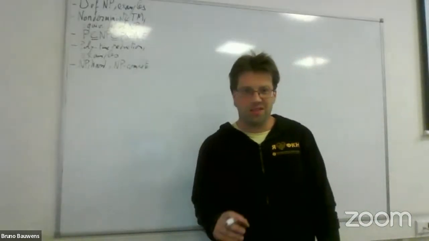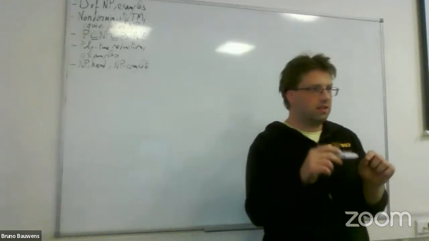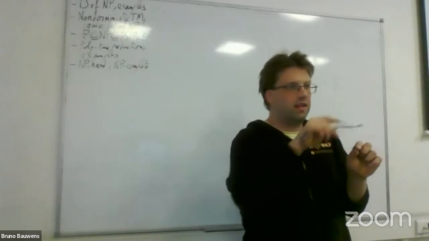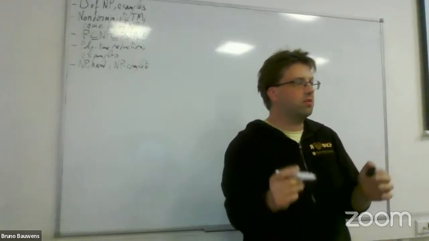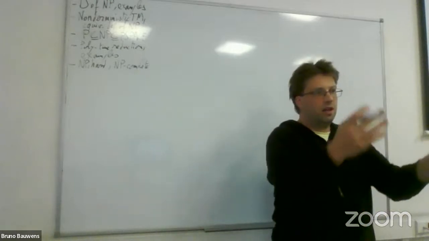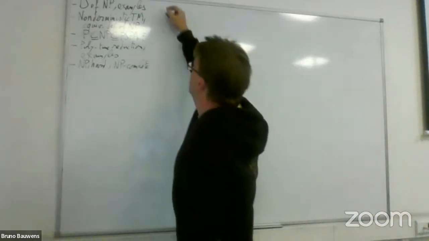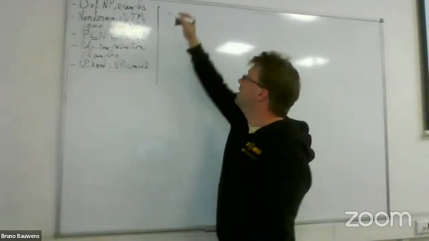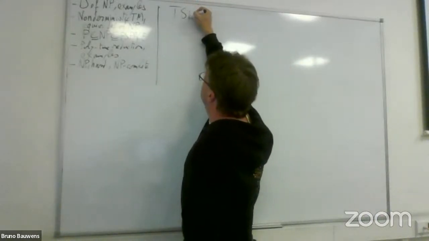The question is, can you make a cycle that visits every place once, and for which the total distance is below a given number? Oh, sorry, the input is pairwise distances. Okay, let me write it. This is TSP, the traveling salesman problem.